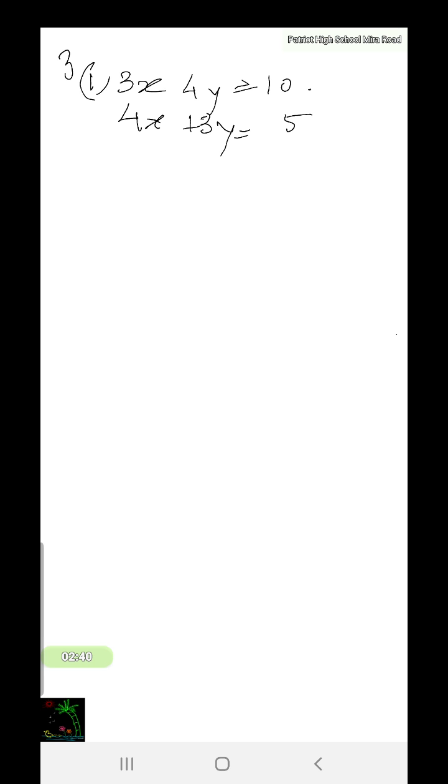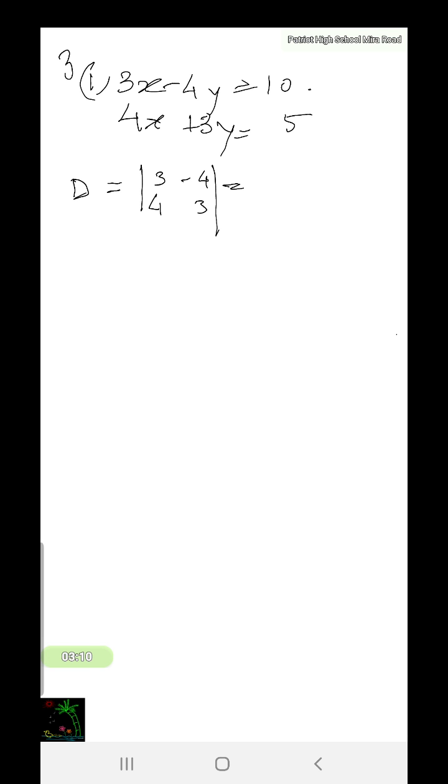Solve the following simultaneous equations using Cramer's rule. The first sum, 3x minus 4y is equal to 10, and 4x plus 3y is equal to 5. Now finding D, we take the first two columns, 3, 4 and minus 4, 3.